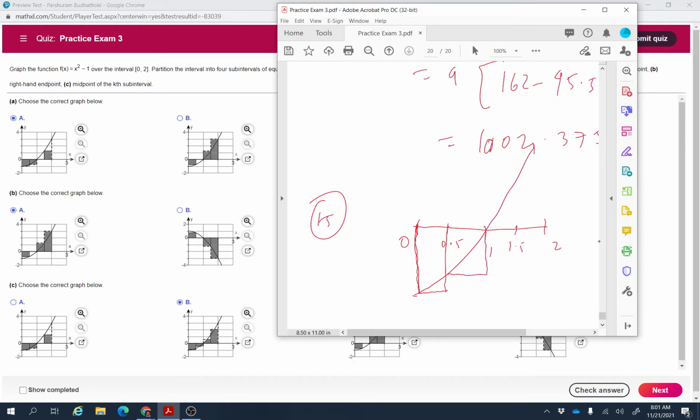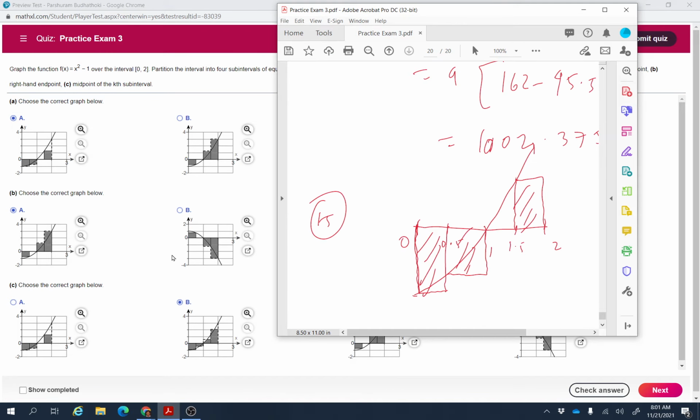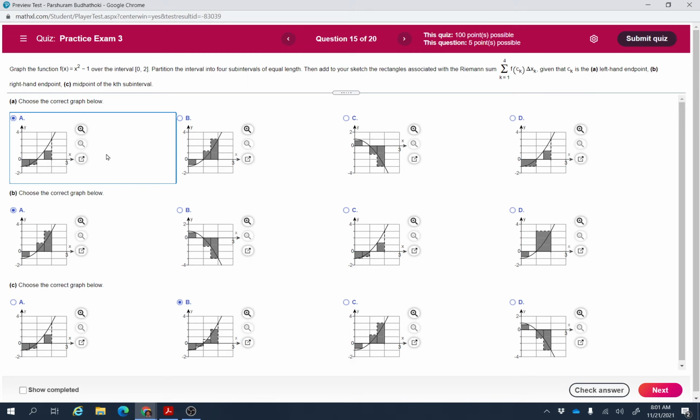For 0 there is nothing you can do, the height is just 0. And for 1.5 this is the height. So these are the 3 rectangles you are going to get if you use the left endpoint.